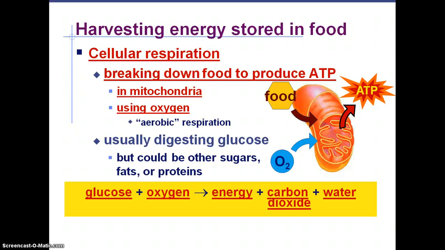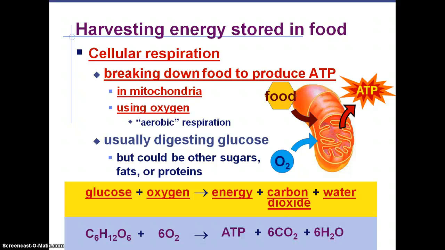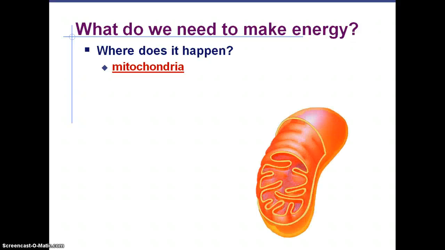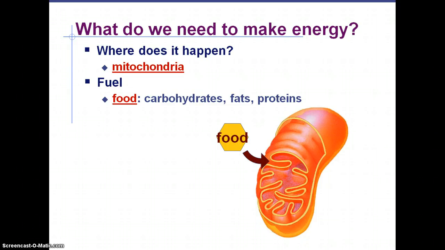So here's the overall equation. Glucose plus oxygen reacts to form energy plus carbon dioxide and water. And here is the balanced equation. Notice that the energy is in the form of ATP. Overall, everything happens in the mitochondria. The fuel is the food, the sugar.